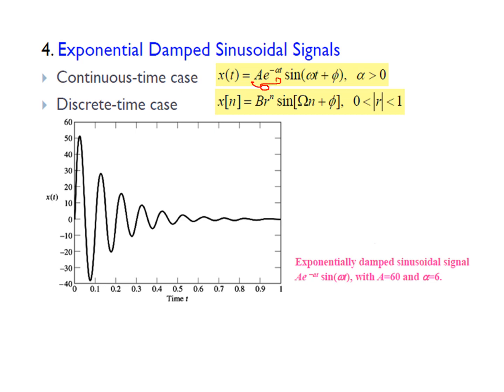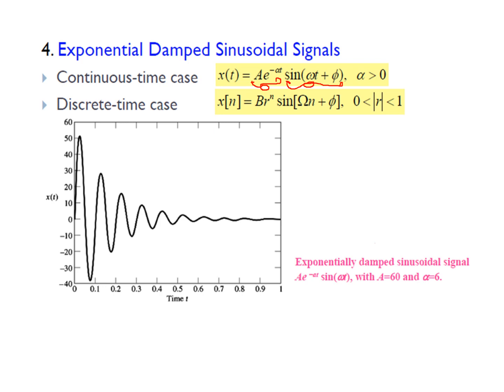If I consider this particular part as a decreasing exponential, then the remaining part is a sinusoidal signal of amplitude 1. When they are multiplied, the overall signal keeps on decreasing, because you are multiplying the sine function sine of omega t plus phi with a decreasing exponential.